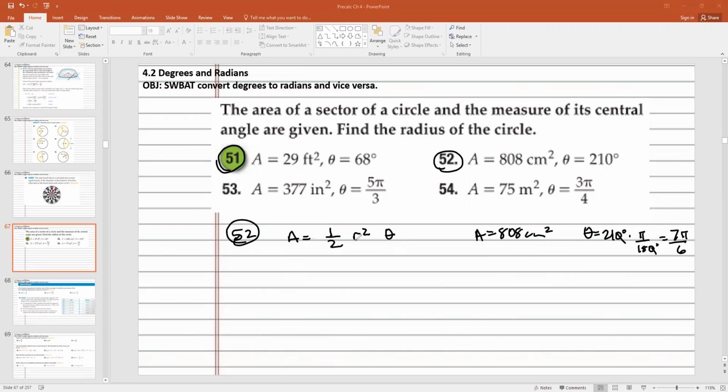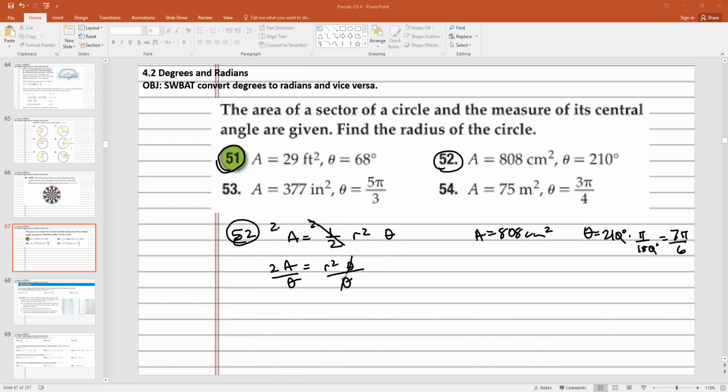If you want to solve for r, we can. To get rid of a fraction, multiply by its reciprocal. So you can multiply both sides by 2. That'll cancel that out. And you get 2a equals r squared times theta. And then divide by theta.